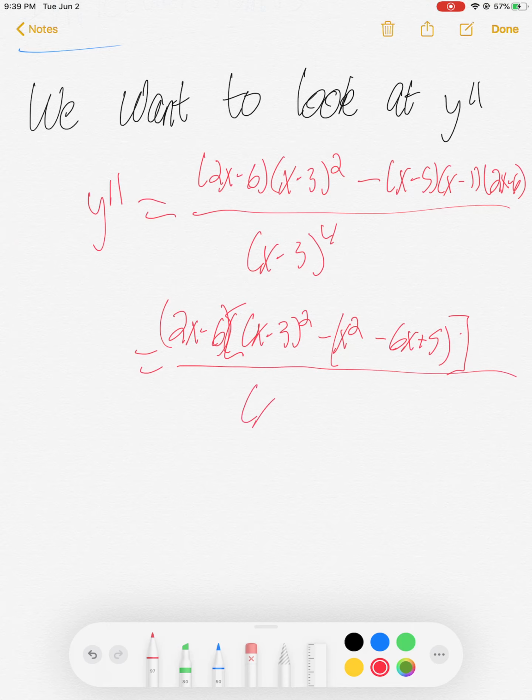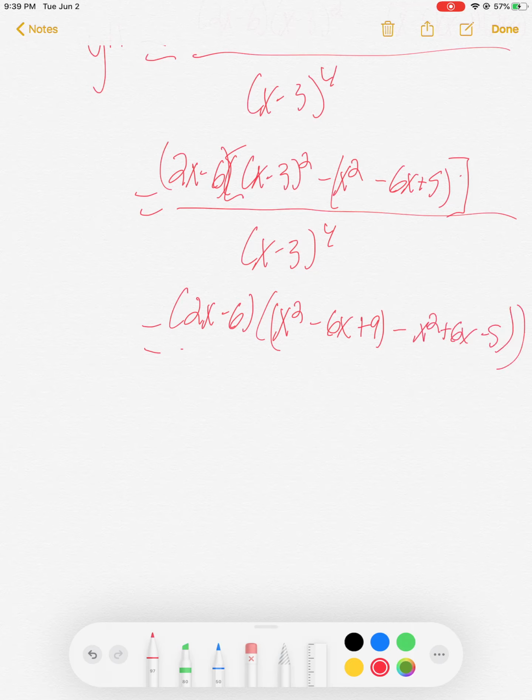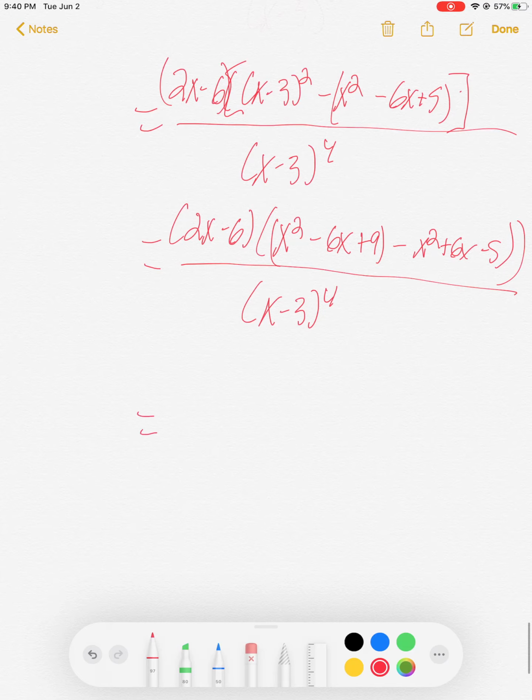It's going to be x squared minus 6x minus 5 plus 5, all over x minus 3 to the 4th. Okay, so now it's 2x minus 6. I'm just trying to simplify things to make them easier. Perhaps x squared minus 6x plus 9 minus x squared plus 6x minus 5. And I do think things are going to get easier here in just a minute. x minus 3 to the 4th.